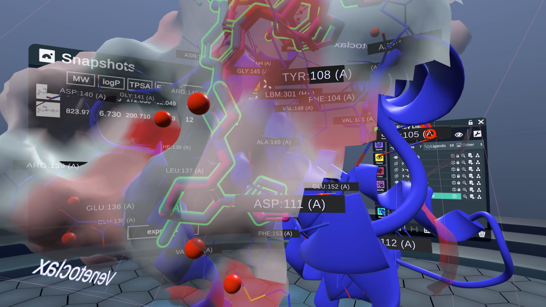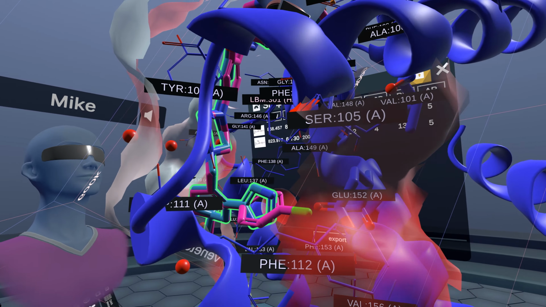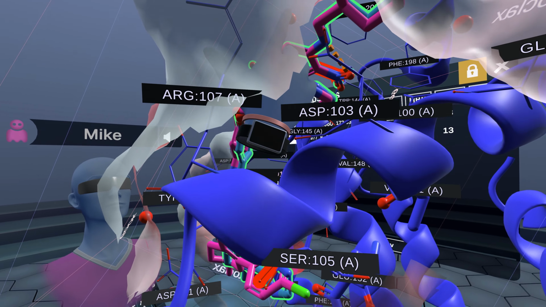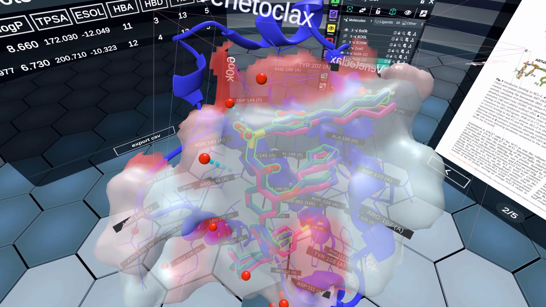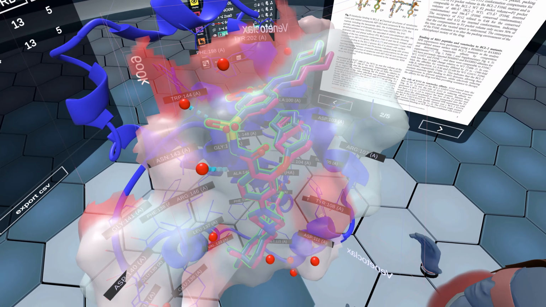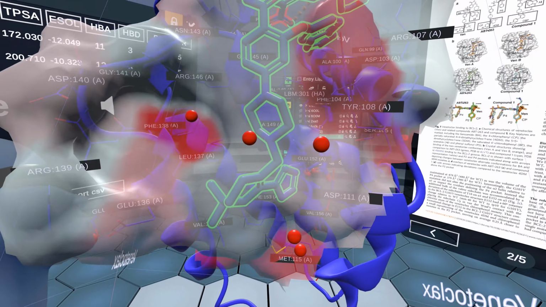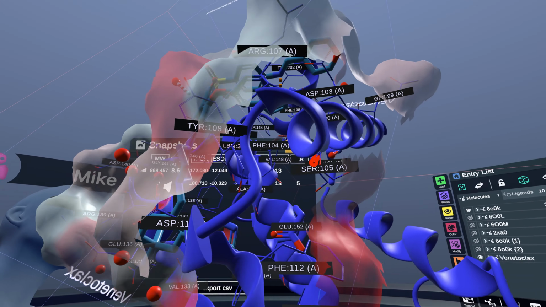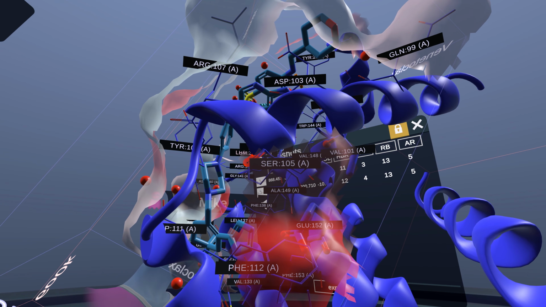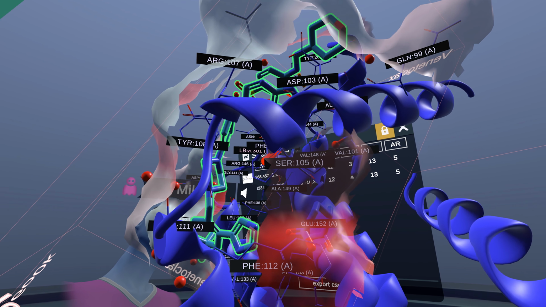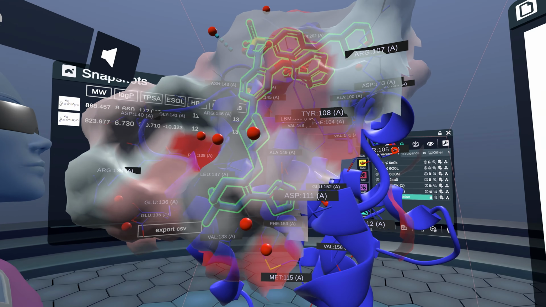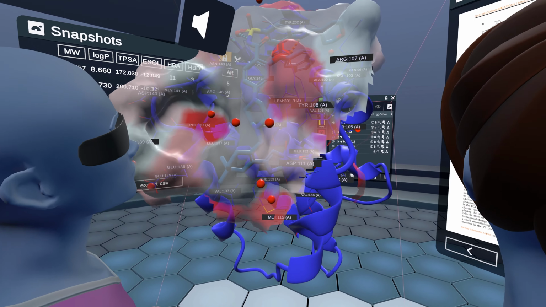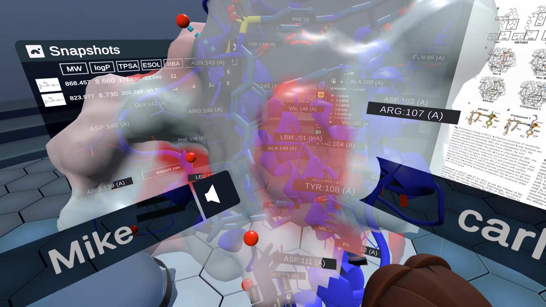Probably measure the distance for that histidine too, right? Yeah. Or, sorry, imidazole. Okay. I'll turn off the other one. I'll lock this in place.